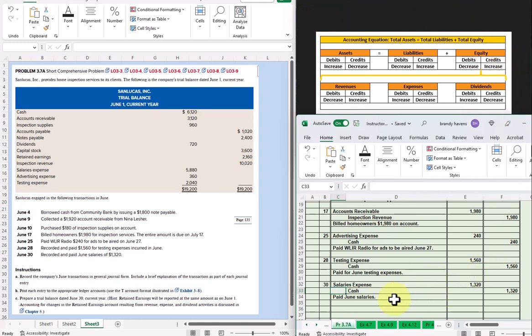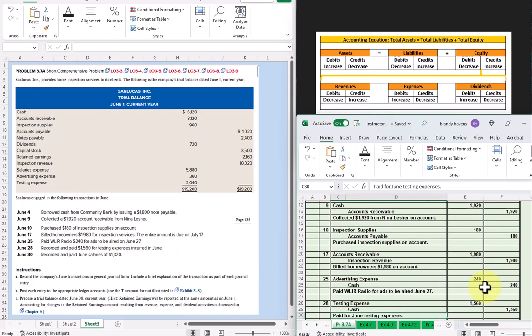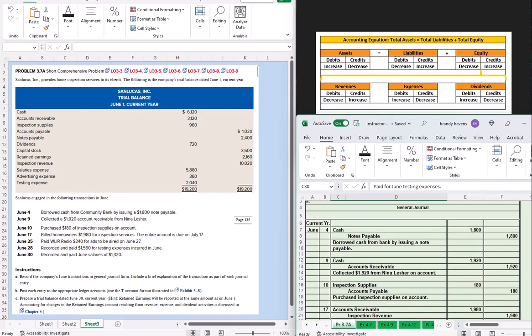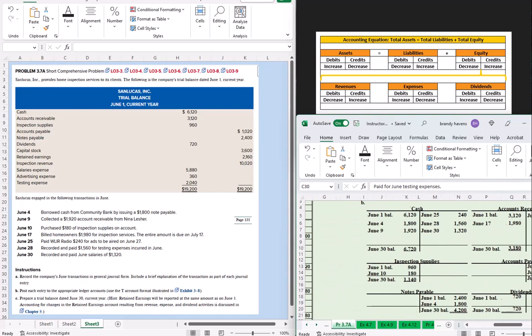Okay, so now that we have journalized all of these transactions, the next thing that we're going to do is post them to the general ledger. Okay, I'm going to have to scoot over a little bit for you guys to see the general ledger, so give me just a second here.